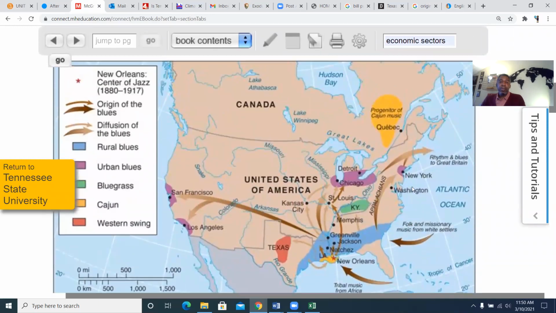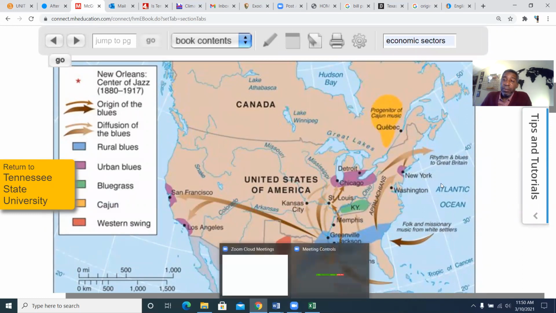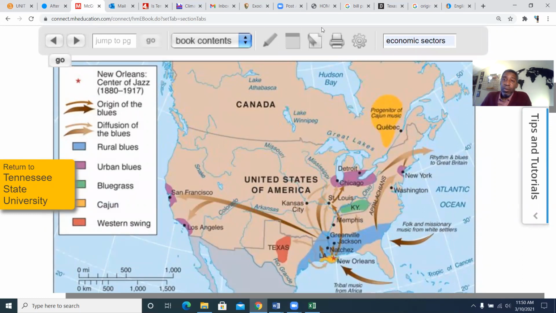So at figure 12.20b, if you'll notice, this is a map of the migration of music, which represents a phenomenon known as cultural diffusion. So I'm going to type that into the chat. That is cultural diffusion.